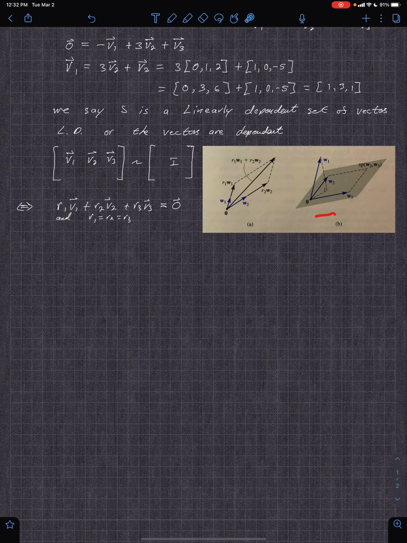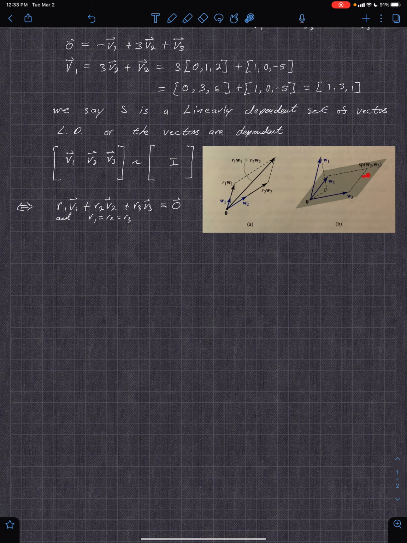We haven't defined anything yet, but we'd say this would be a dependent set, meaning it depends on W1 and W2. This set over here, these are not dependent on each other. So to construct W1, it doesn't matter about W2 and W3, meaning they don't depend on them. That's where the terminology comes from.